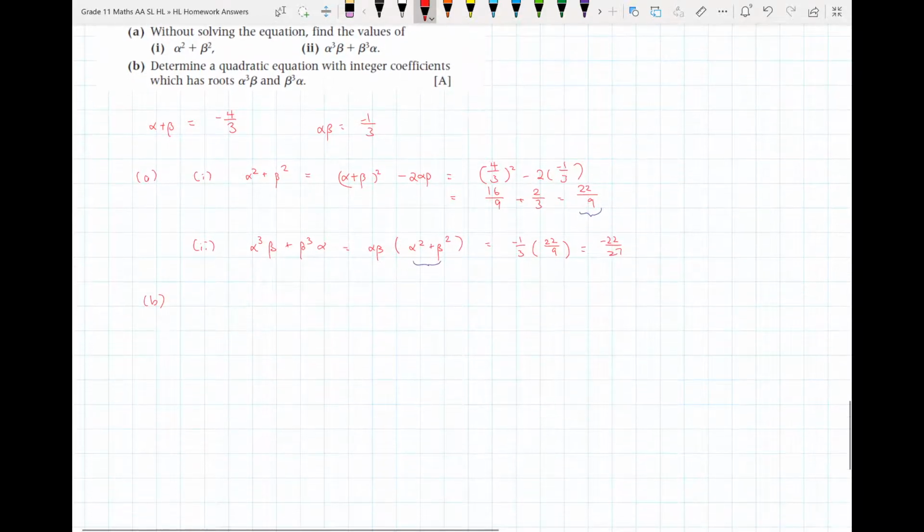And then we can now form the new quadratic with these roots. So we evaluate the sum, and that I'm just going to carry over. And with the product, this would look like alpha to the power 4, beta to the power 4, which can be grouped as follows.